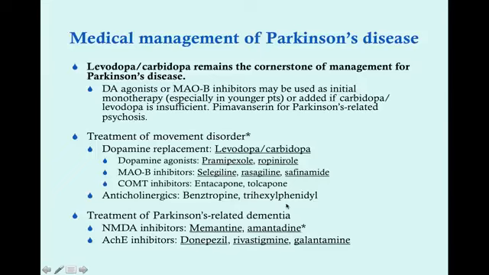Amantadine also has some dopaminergic activity, so it can also be used for treatment of the movement disorder. And then acetylcholinesterase inhibitors, donepezil, rivastigmine, galantamine, you run into this in Alzheimer's. These are cholinergic medications, and so they have the adverse effects of nausea, diarrhea, vomiting, and GI bleed. All right. I think that's all I wanted to go into with this.